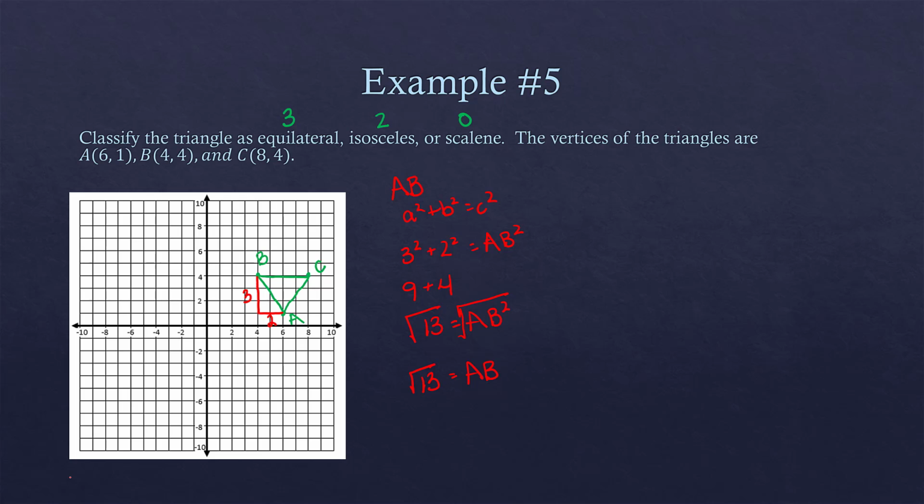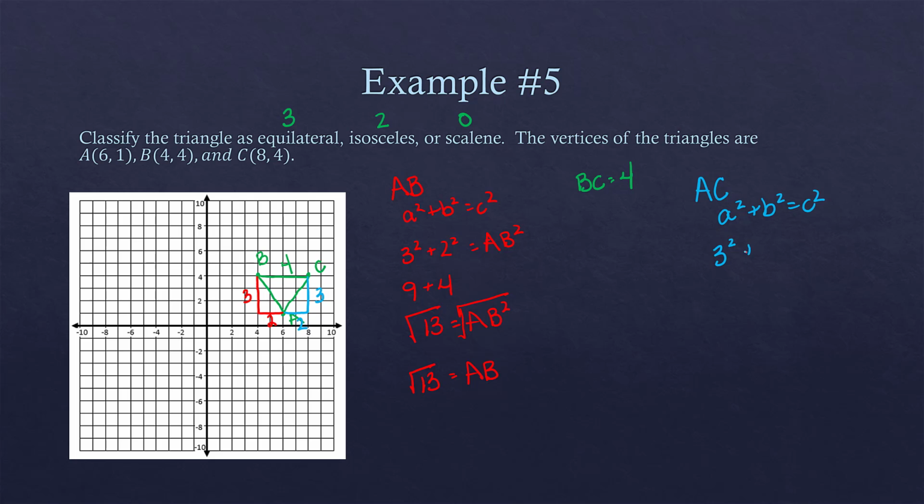Do the next side now. So BC follows my coordinate plane. So all I need to do is count the boxes. 4. And my last segment is AC. So AC, we need to draw our right triangle in by following those coordinate plane lines, count those boxes, and then use those values to plug into the Pythagorean theorem.